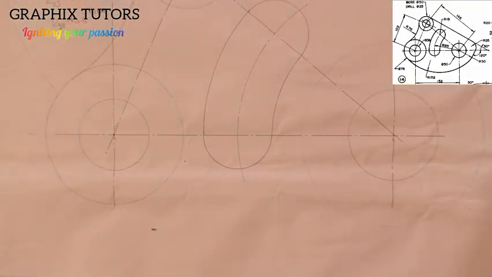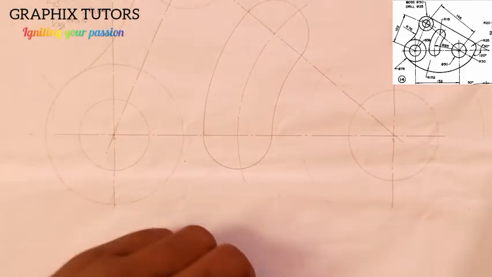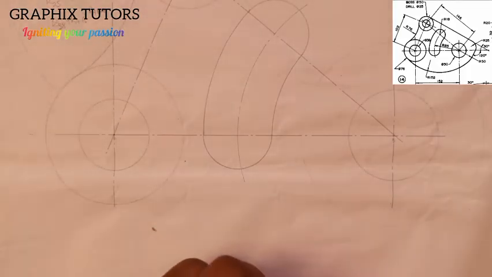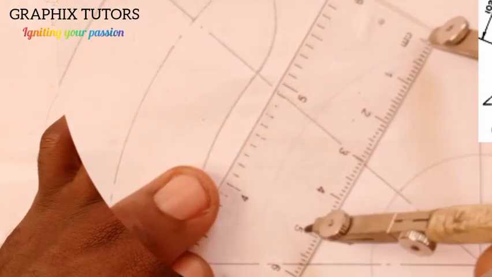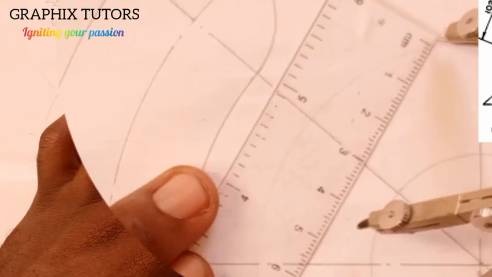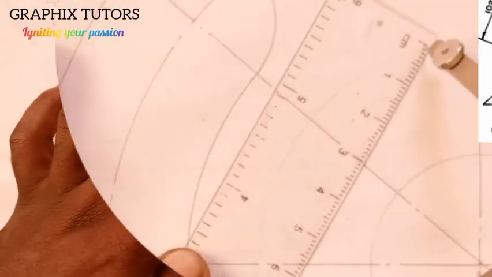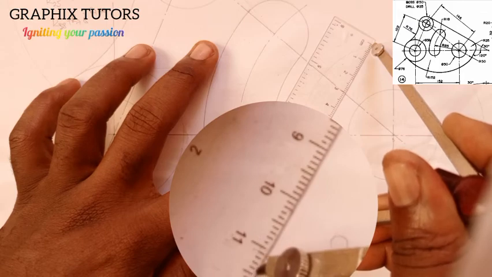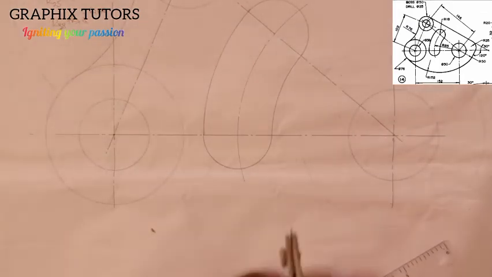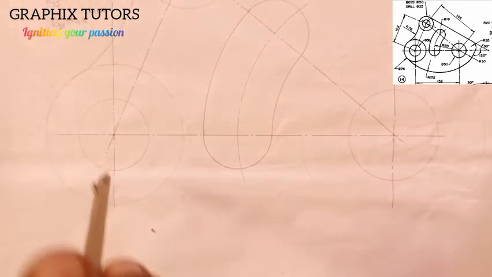So I'm going to measure 114 on this circle here. This is 0, and this is 100, 110, then 114 here. And I'll place it at this point here.